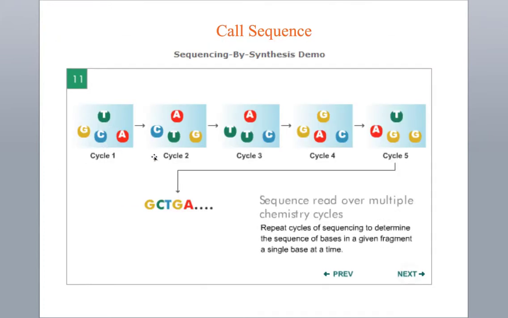This is cycle 1, cycle 2, cycle 3, cycle 4, cycle 5. So now, for example, for this Polony, we have the sequence GCTGA. This is how Polony sequencing works, and it's amazing how accurate it is.